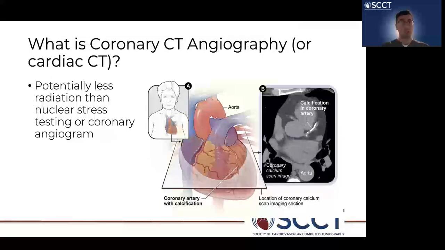The reason we do this is it's another tool in our toolkit that potentially can offer less radiation than other similar testing options, such as nuclear stress testing or invasive coronary angiography, which in and of itself is a procedure, so has its risks, whereas cardiac CT is non-invasive. And so for the right patient population, this would be a very useful potential test to offer them.